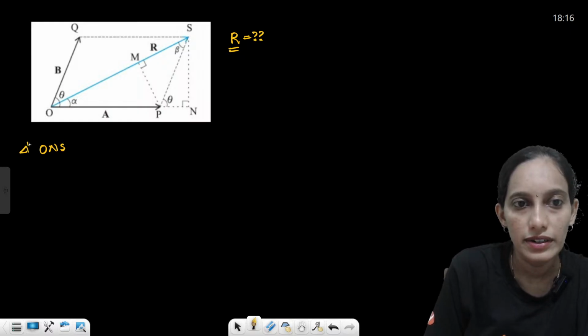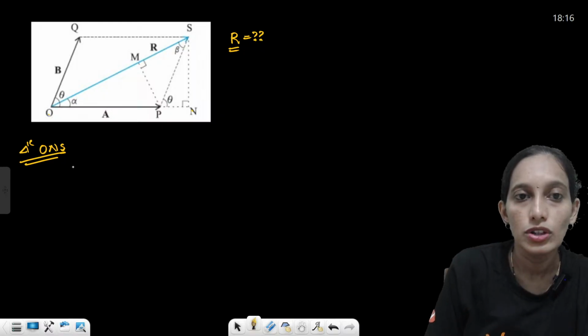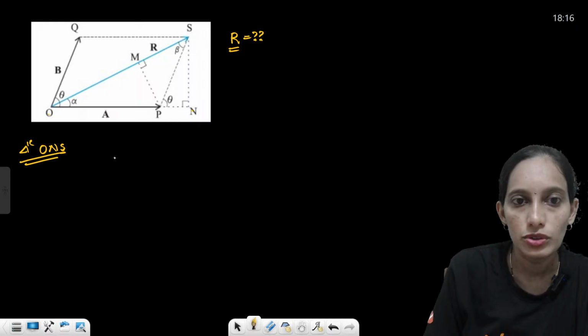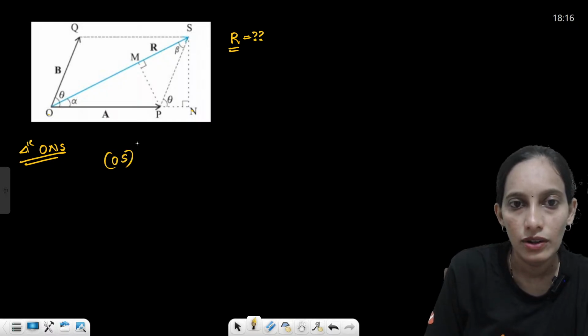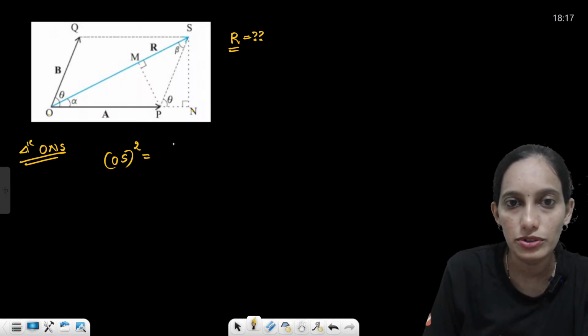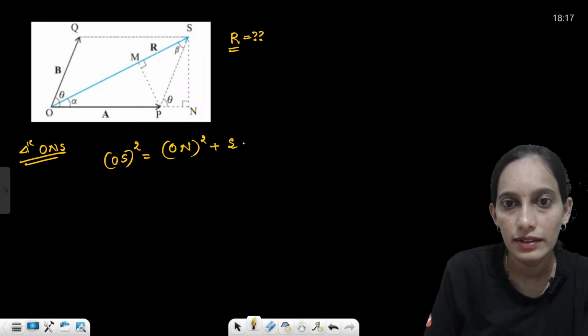Applying Pythagoras theorem there, I can say OS square is equal to ON square plus SN square.